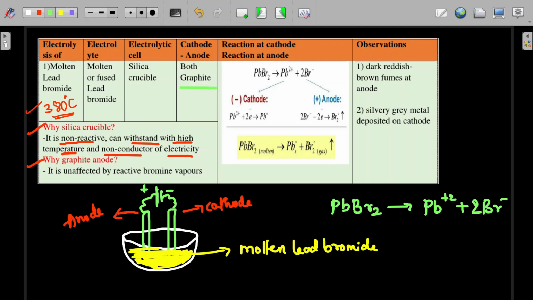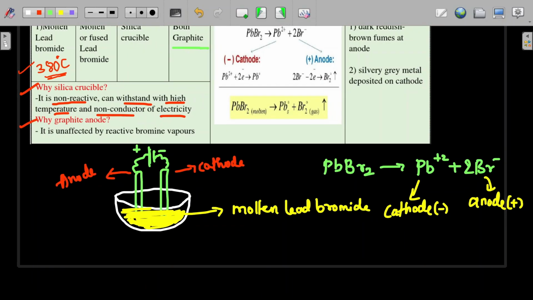Because there are two Br atoms, it will form two bromide ions. Lead is a cation, it will go towards the cathode because the cathode is negative, and bromide is a negative anion, it will go towards the anode, which is positive. Okay.